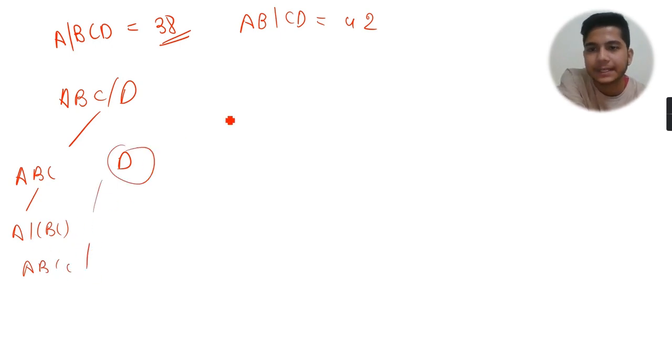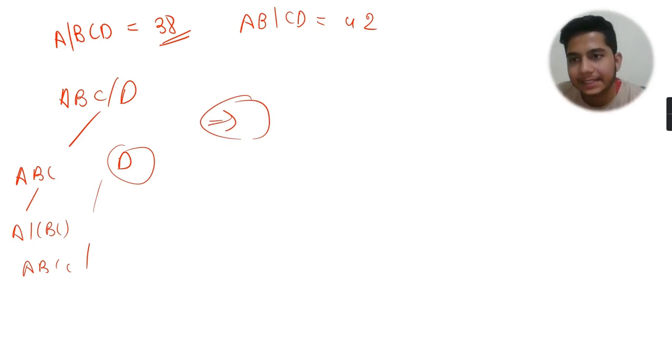We will calculate it further and it will be something different. So each way I put the split, it is going to give me a different answer. This is how it is going to work.